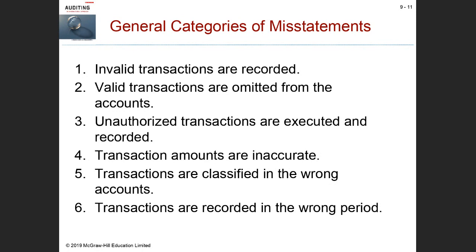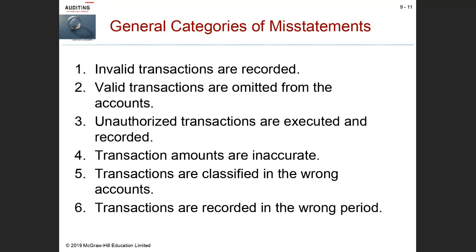So let's walk through these to ensure we understand what the 6 common mistakes would be. The first one, invalid transactions are recorded. Management's internal control system should ensure that only valid transactions are recorded. And of course, if only valid transactions are recorded, invalid transactions would not be recorded.